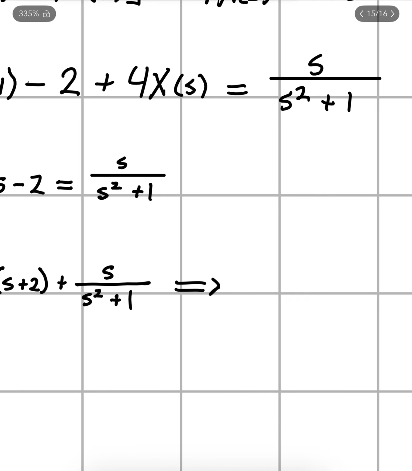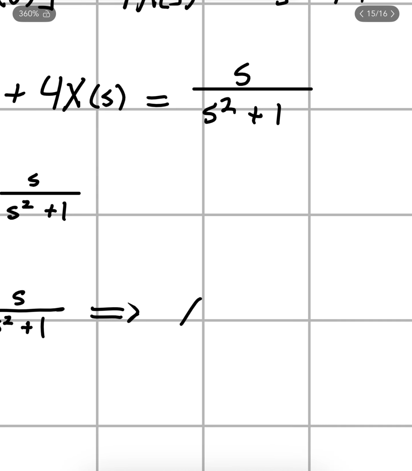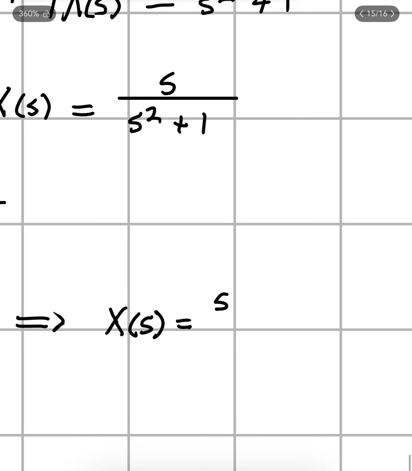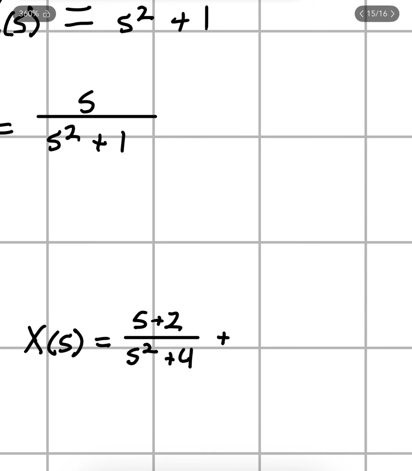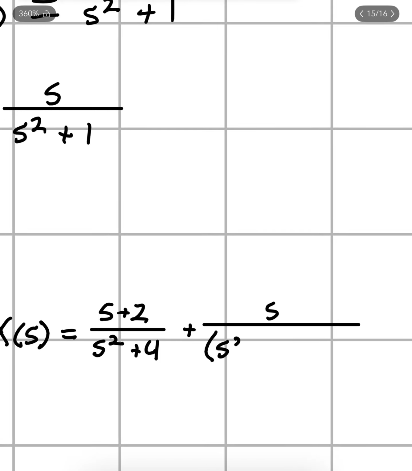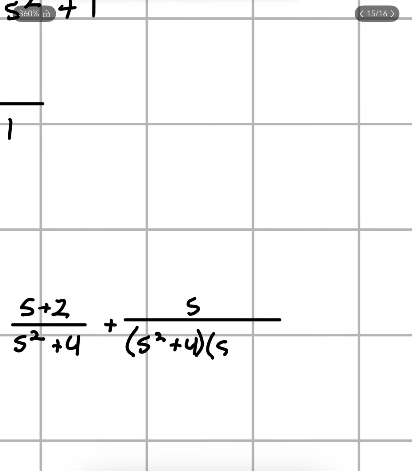So when we do that, we will get big X of s equals s plus 2 divided by s squared plus 4, plus s divided by s squared plus 4 times s squared plus 1.